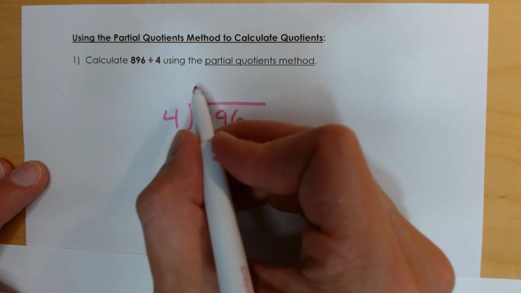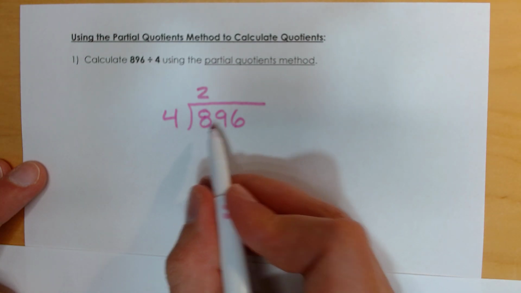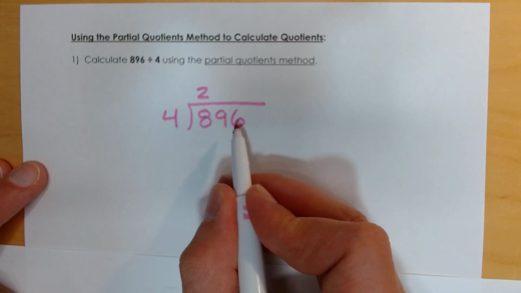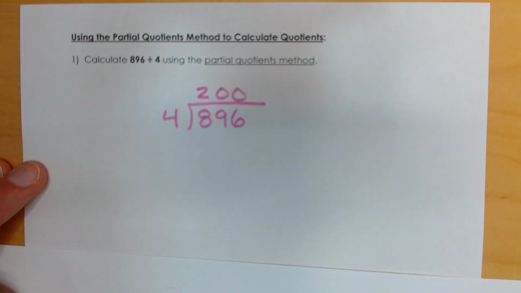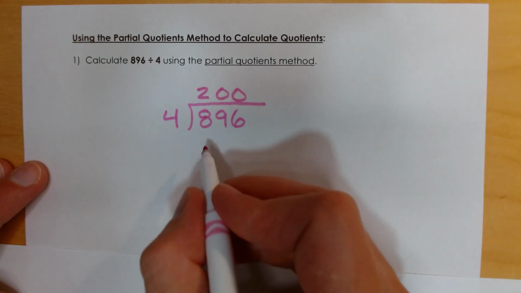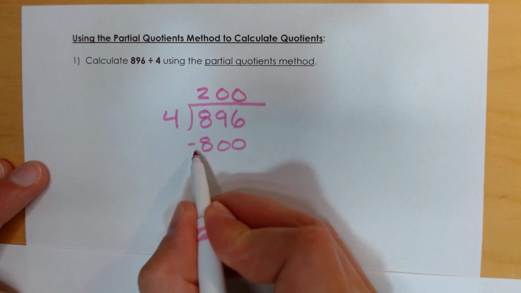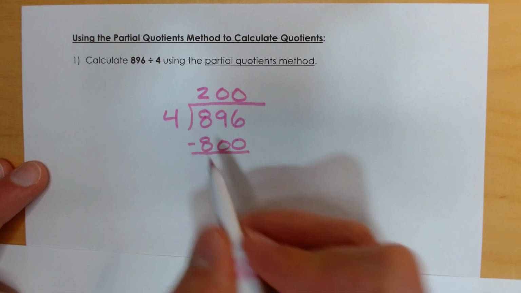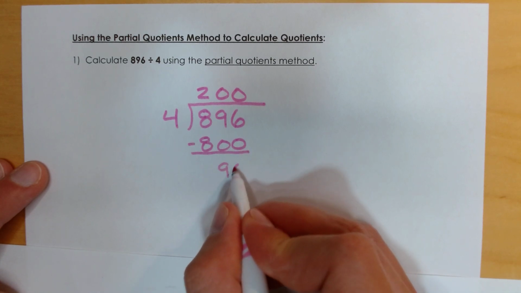Well, 4 goes into 8 twice, but because I'm in the hundreds place, I'm thinking of this as 800. 4 goes into 800, not 2 times, but 200 times. 4 times 200 would be 800, right? So then I subtract and see what I have left. If I do 896 minus 800, I have 96 left over.